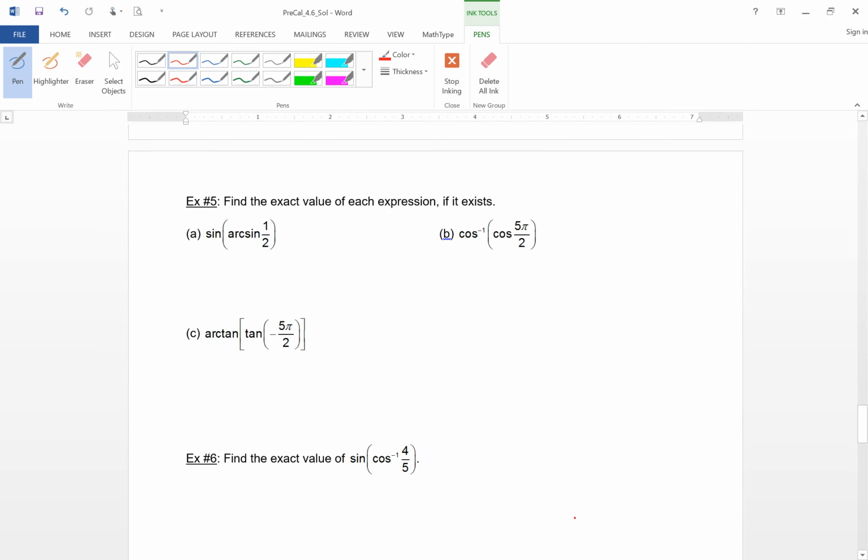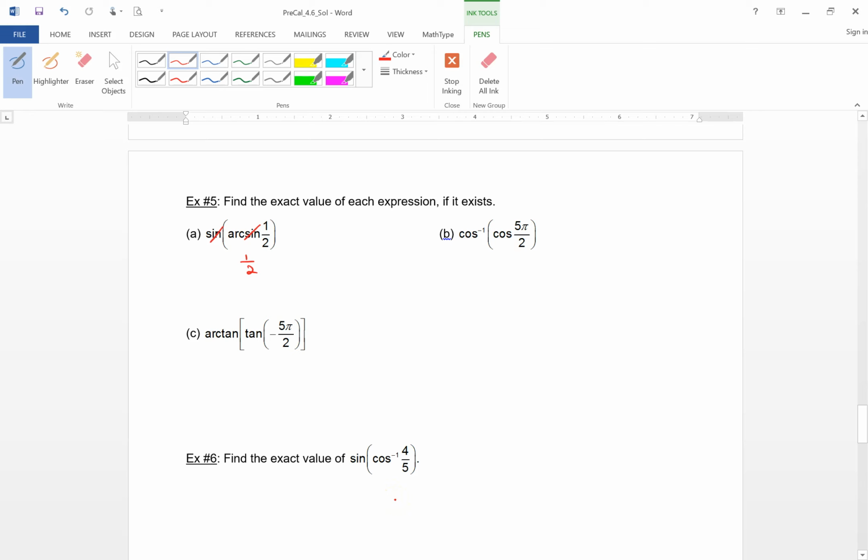Okay, now, let's do some really good ones. If you have the sine of the arc sine of something, it's just like having a square root and a square. We're going to come back to it later. If you have a sine and an arc sine, it's like having the square and the square root. They cancel each other out. Okay? So this goes away and you just have a half. Okay?